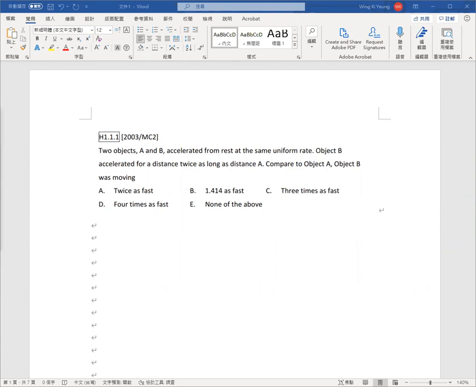Which one? Which one? So which formula do you use to solve this question? Or you are not using any formula? You just look at it, oh, double the distance. So that means it's moving twice as fast. Hello, hello. Can anyone answer my question?